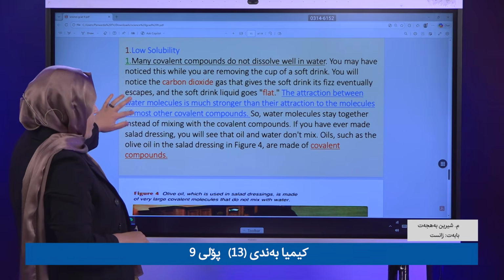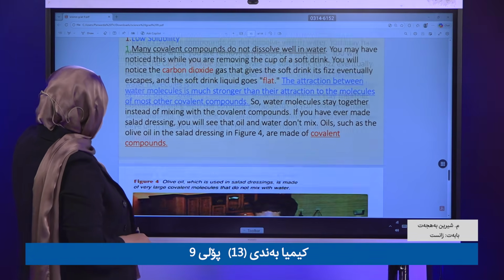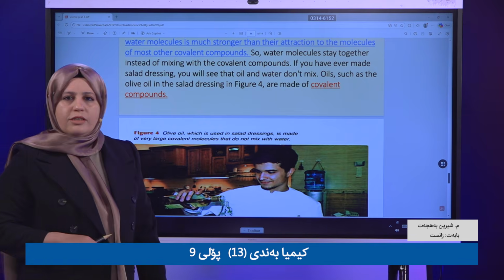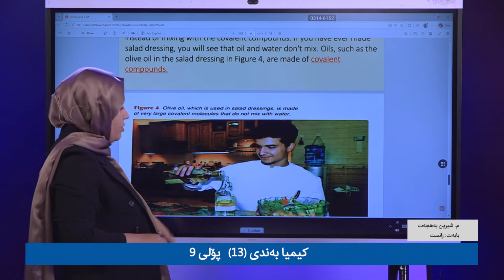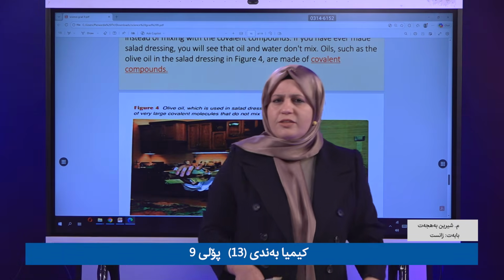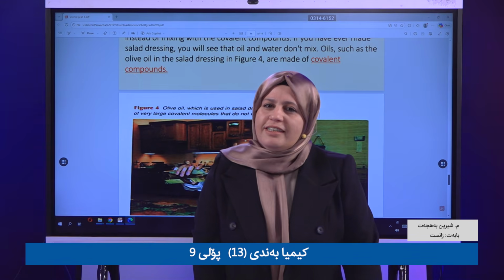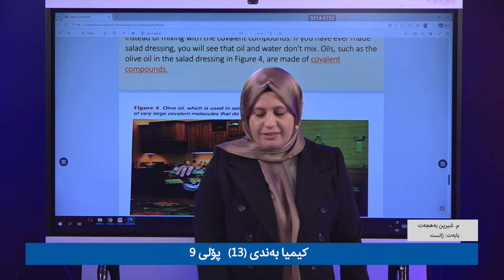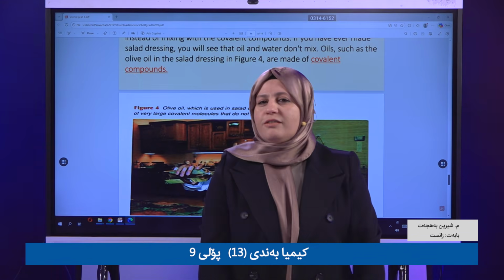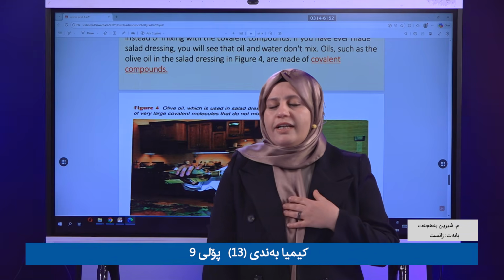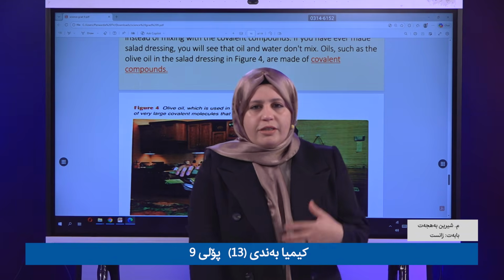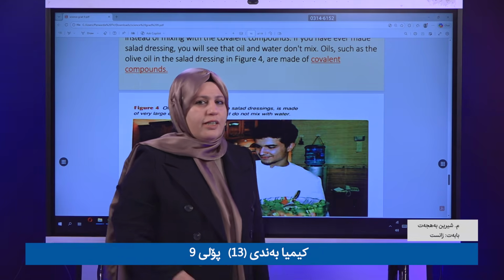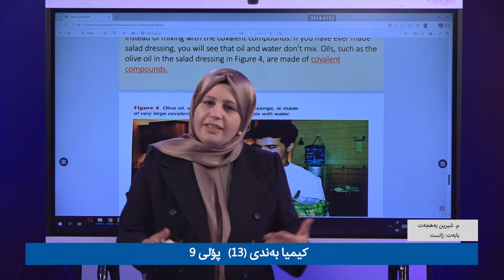Clear? Another example of a covalent compound is olive oil. Do you like salad? Have you made salad at home? Do it today for yourself. It's very important for your health. Care about yourself and make a salad for your mom and dad.